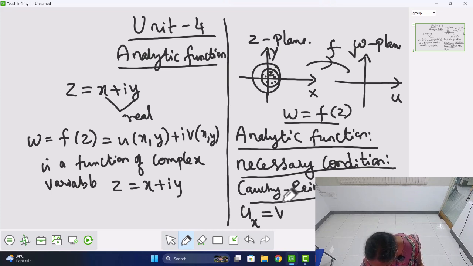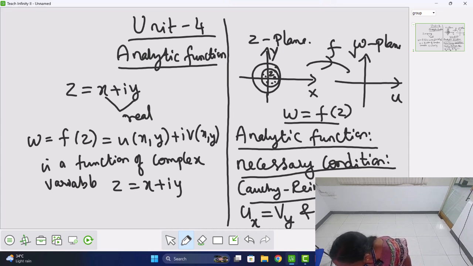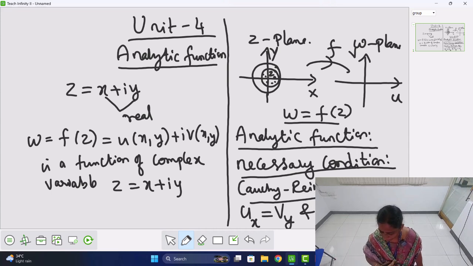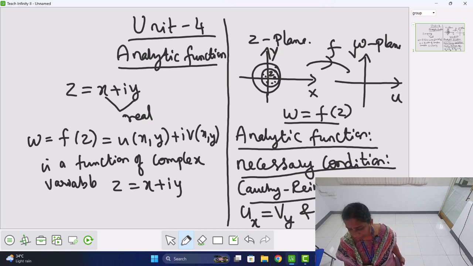Ux should be equal to Vy, and Uy equal to minus Vx. Both conditions should be satisfied. If even one condition is not satisfied, I can say the function is not analytic. Only when both CR conditions are satisfied can I say the given function is analytic.